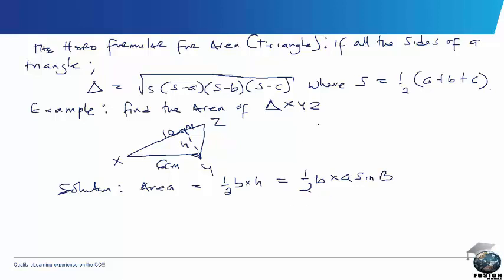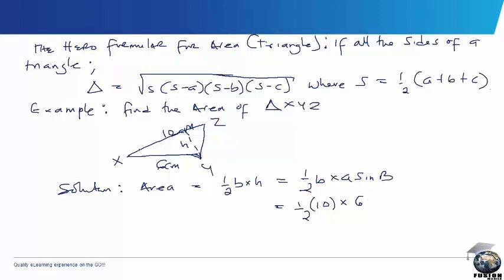Now, how do we obtain a sine b? Since you have two sides and the height is missing, you use the side you've been given to obtain it. So you have 1/2, the base is 10 cm, and the one side you've been given is 6 cm.